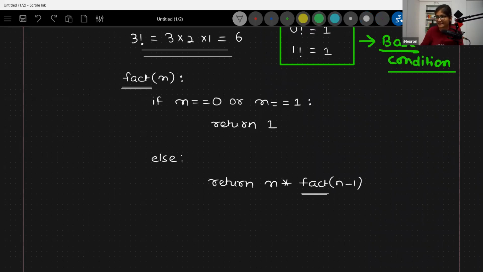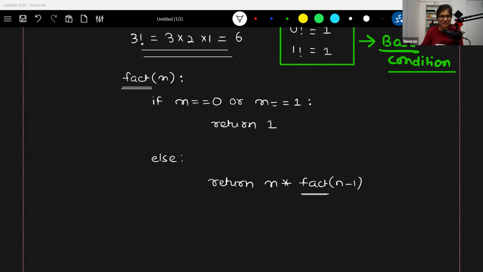Because the function is repeating itself, this is the concept of recursion, with a different parameter, n minus 1. Yes, we can write one more condition that if the value of n is less than 0, then simply return 0.